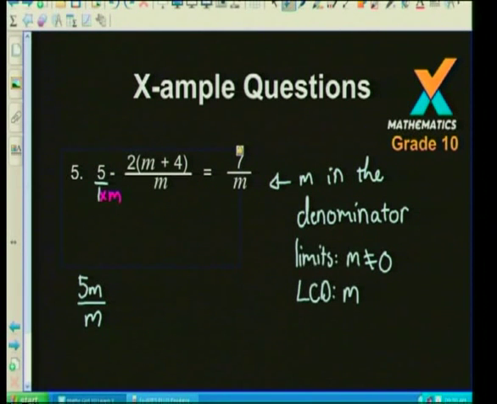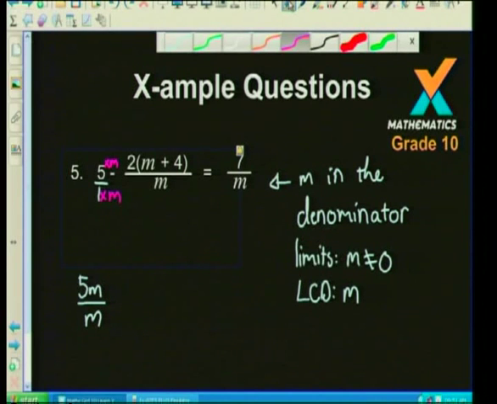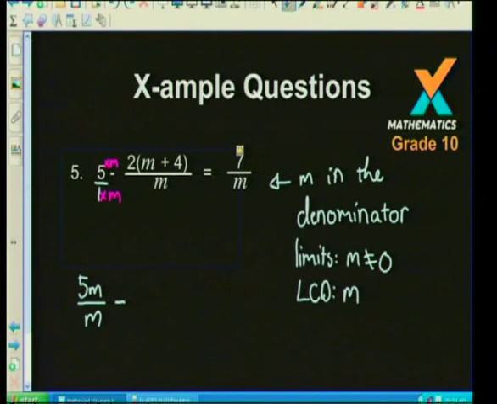And because we've changed the bottom of the fraction, we need to change the top of the fraction so that we don't change the value of it. So we have an equivalent fraction to 5 over 1 is 5m divided by m. The rest of the question remains the same, minus 2m plus 4 over m is equal to 7 over m.